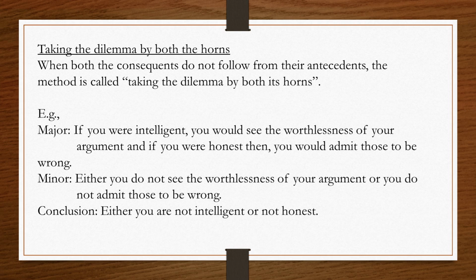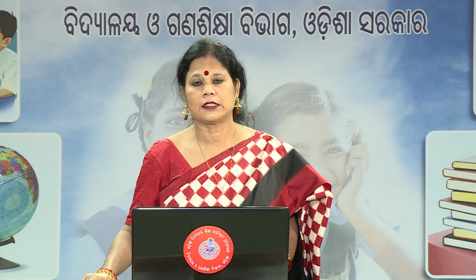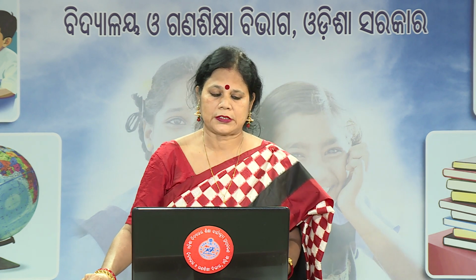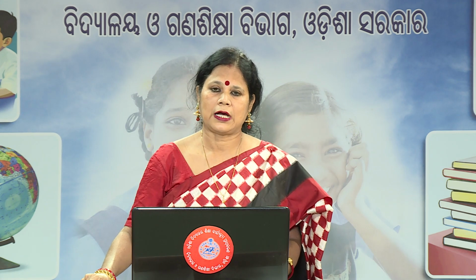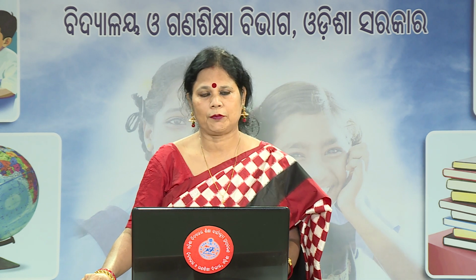So here in this argument, this dilemma is a complex disjunctive dilemma. Here, by denying the consequents of the major premise in the minor premise, we deny the antecedents in the conclusion. So this is the dilemma.